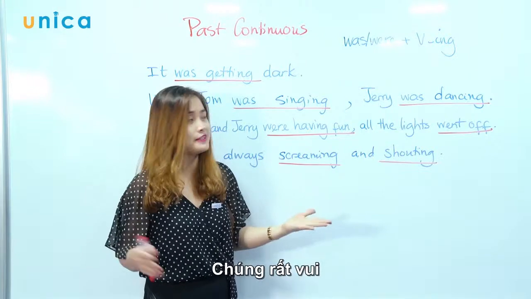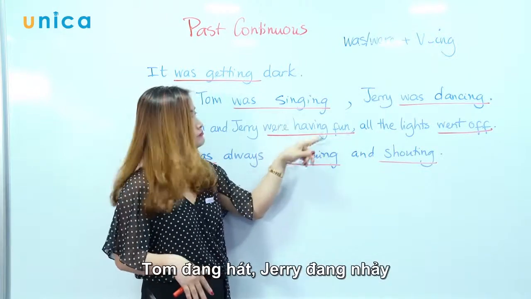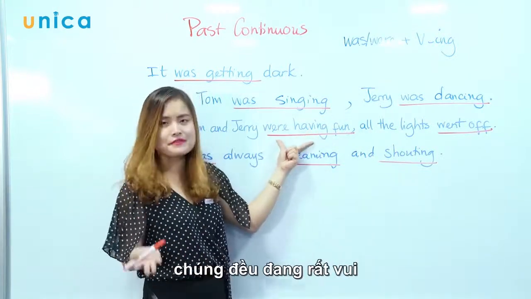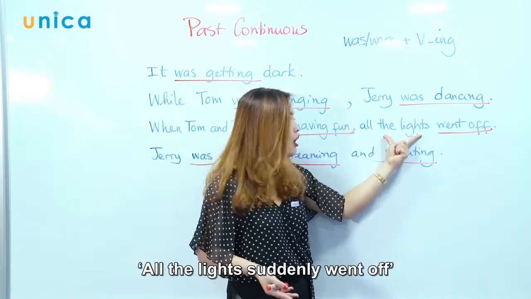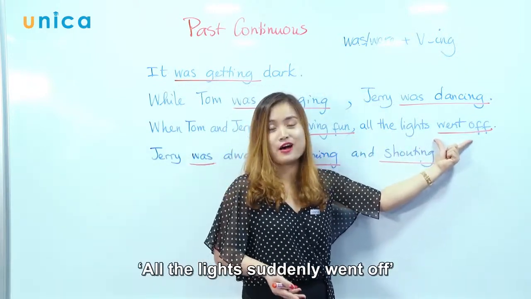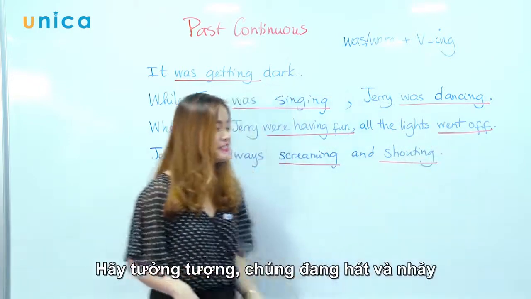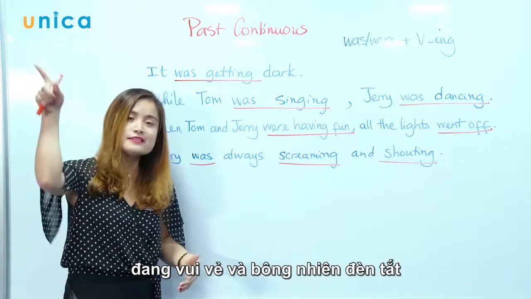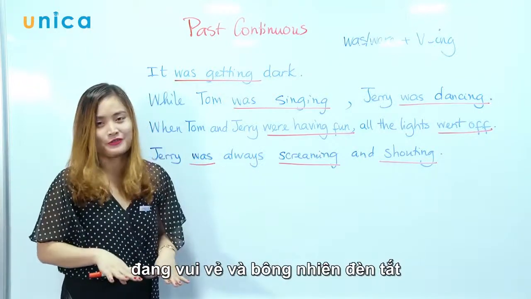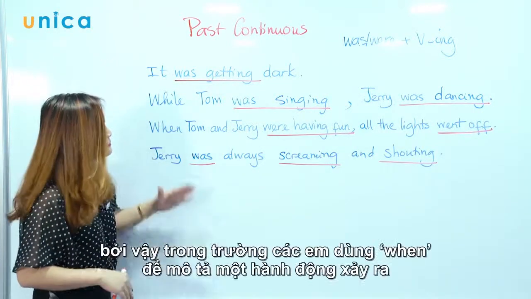Next, when Tom and Jerry were having fun. They were having fun. Tom was singing, Jerry was dancing. They were having fun. What happened? All the lights suddenly went off. Just imagine, they were singing and dancing, having fun, but all the lights went off. Okay?